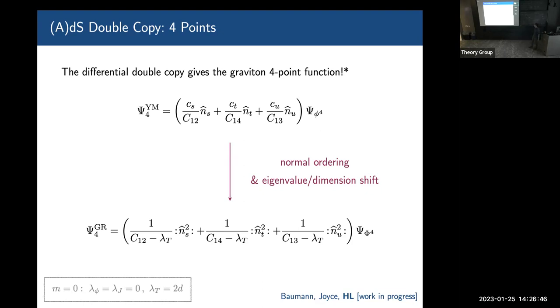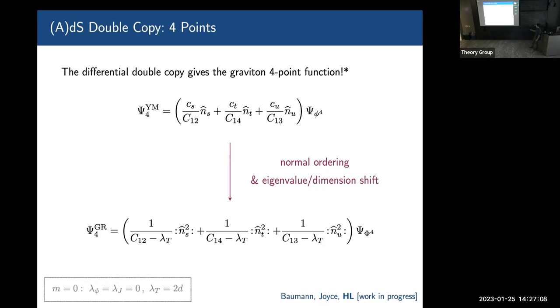But now we have to do something extra, which is to also shift the eigenvalues in the denominators. The reason is that the eigenvalue for the spin 1 conserved current due to gluons is actually 0, but the stress tensor, due to gravitons, has a non-zero eigenvalue.